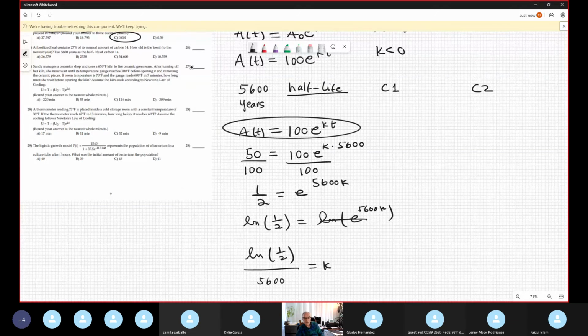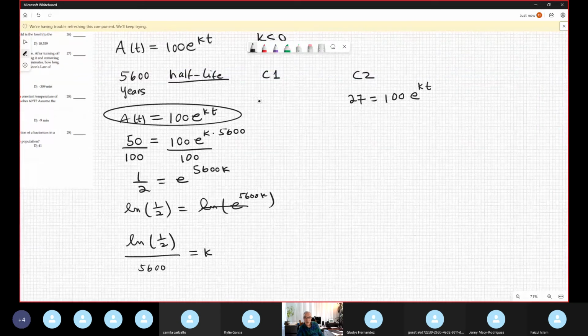So we have no 50, we have 27. 27 is equal to 100 e to the kt. You solve for t because I want to know how long. Divide by 100 on both sides. Apply logarithm one more time. ln of 27 over 100.